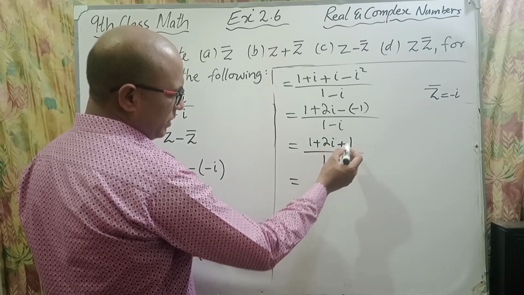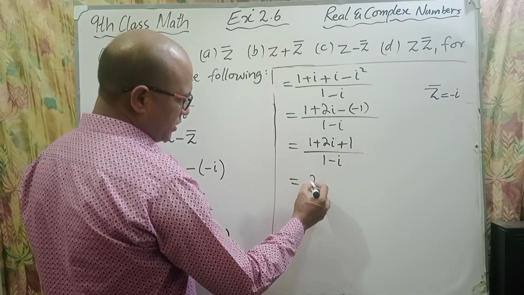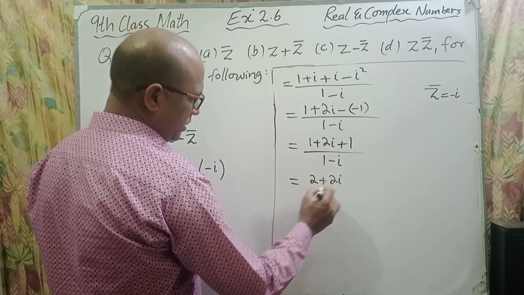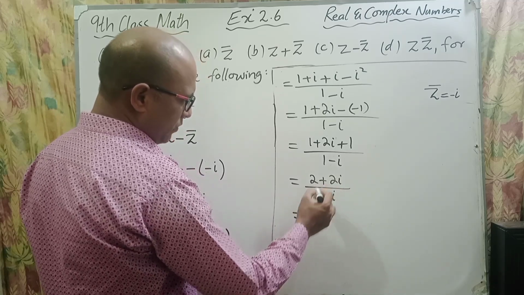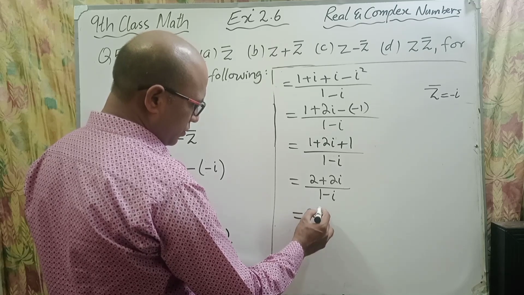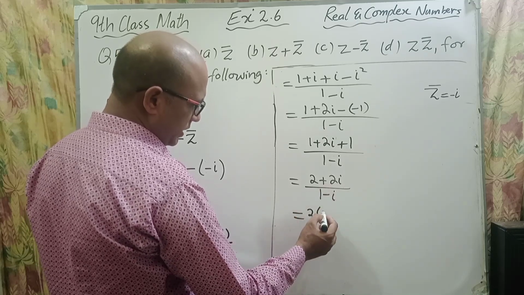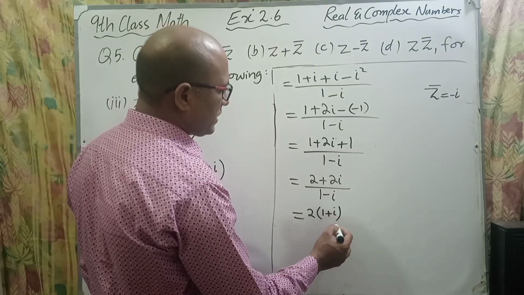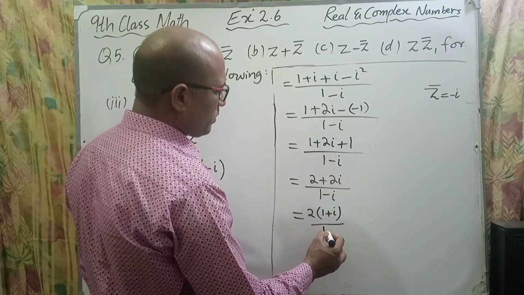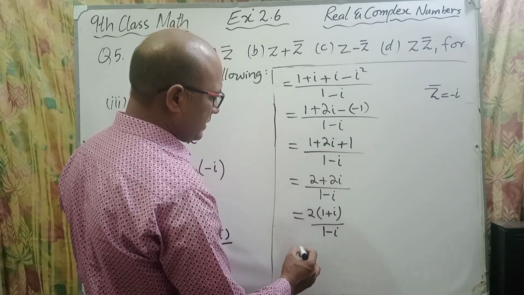These two have plus signs, so we'll write here 2 plus 2 iota over 1 minus iota, and we'll take 2 common. 1 plus iota is left in the bracket, divided by 1 minus iota.